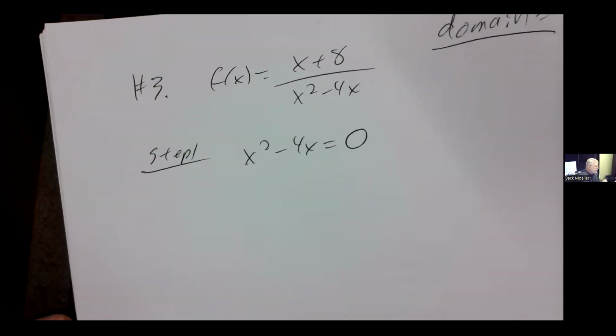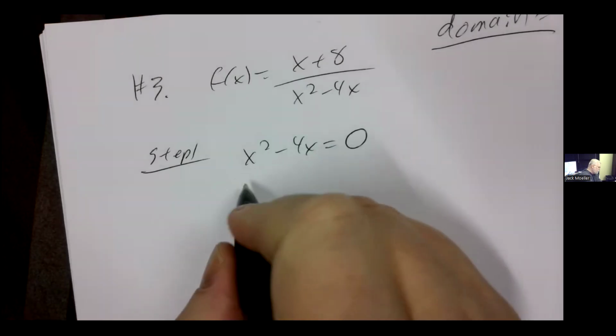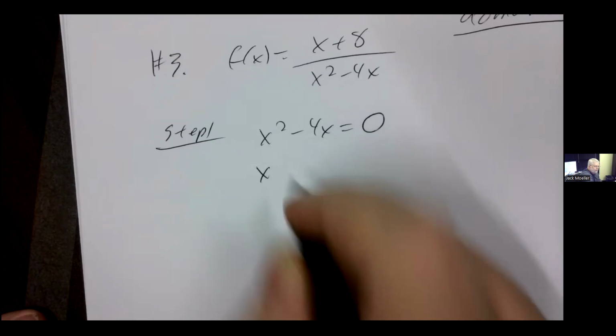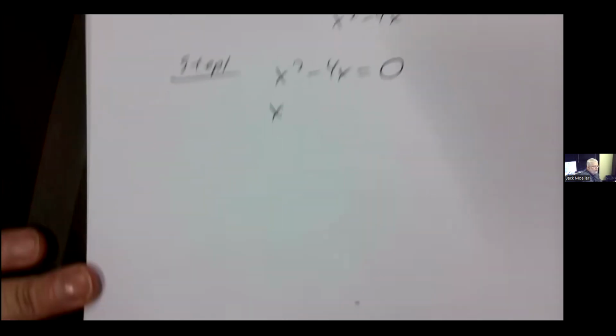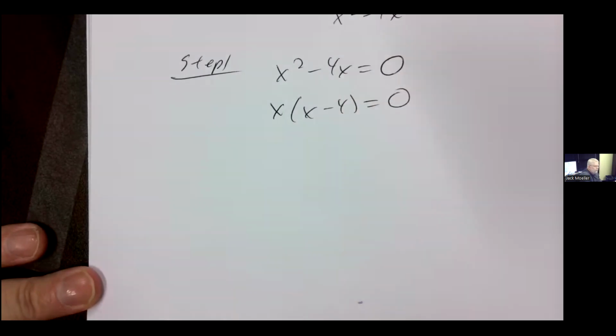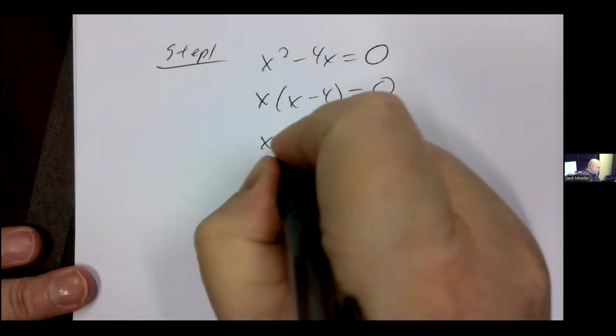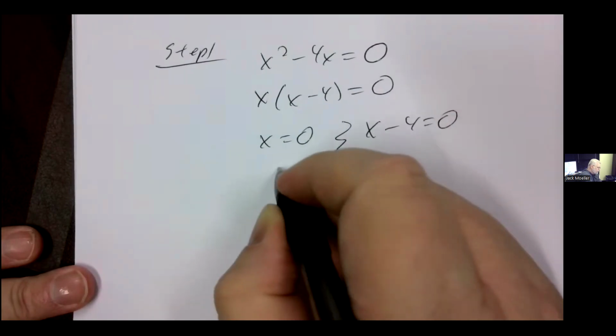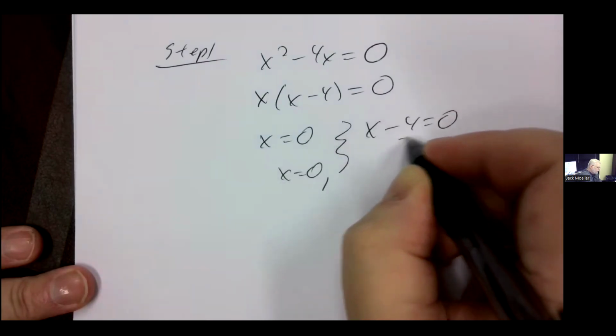So that'll bypass all the factoring if you get stuck on that. Okay, or there's a GCF of x. So factoring that out, that tells us x equals 0, x minus 4 equals 0. So we get x equals 0, and that gives us plus 4.